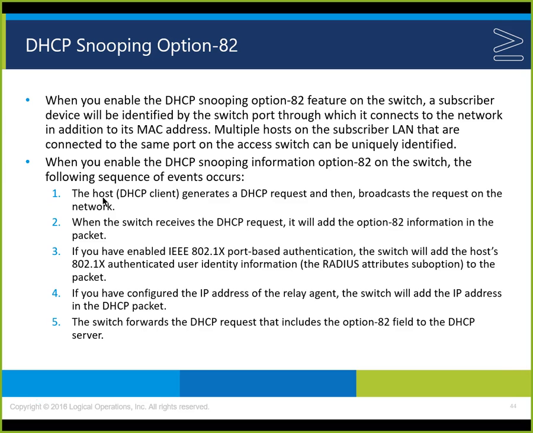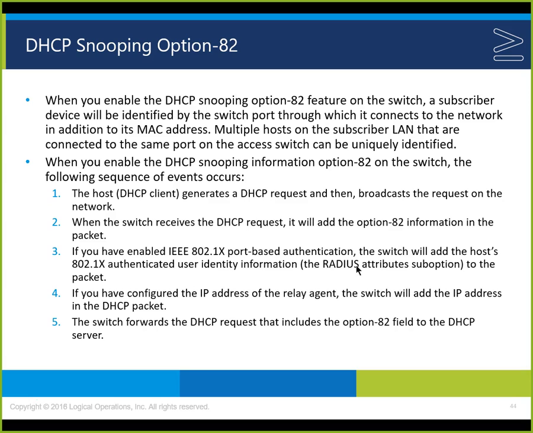Option 82, which I referred to: when you enable option 82 on the switch, the device will identify the switch port that it connects through, and the switch adds option 82 to the request. The DHCP client generates a DHCP request and broadcasts it to the network. When the switch receives the request, it adds the option 82 information to the packet before it relays it.